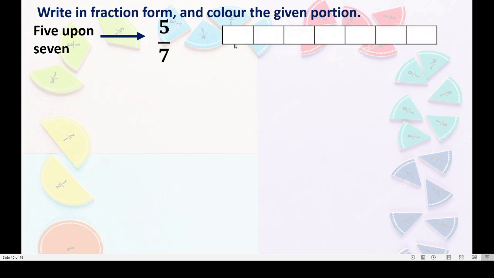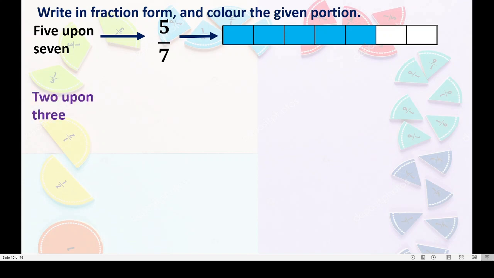Here 7 equal parts are there. 1, 2, 3, 4, 5, 6, 7. Yes, this is right. So 7 equal parts are there. And what did they say? Color the given portion. How many parts do we have to color here? 5 parts. 1, 2, 3, 4 and 5. Yes. See this. Correct? 5 portions we have colored out of 7 parts.